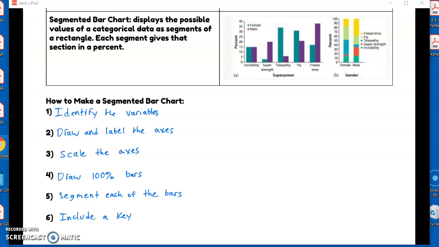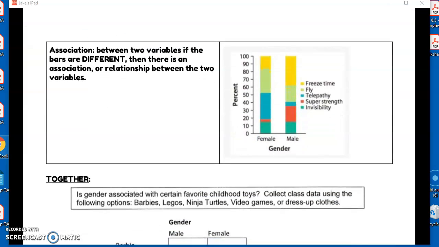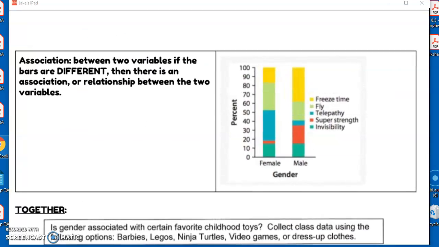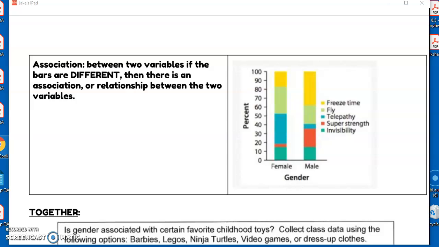The last thing we're talking about is what's called association. Association just figures out if there is an association between gender and superpower preference. How you can tell if there is an association between two segmented bar charts is that if they look the same, then there's no association. If they look different, there is an association.